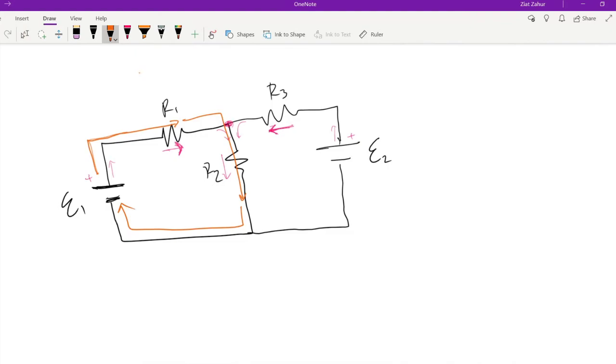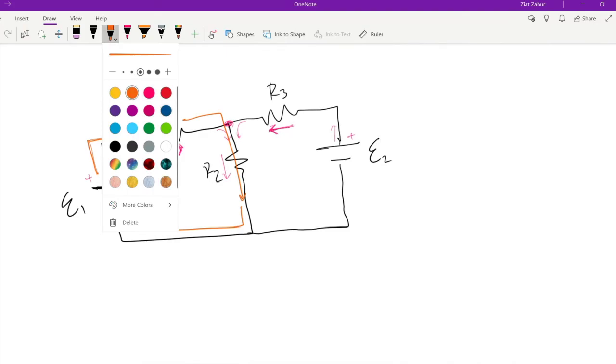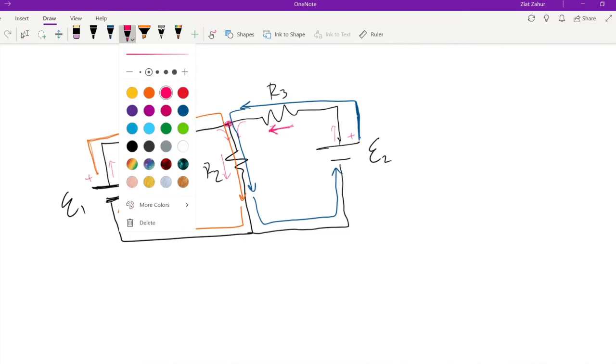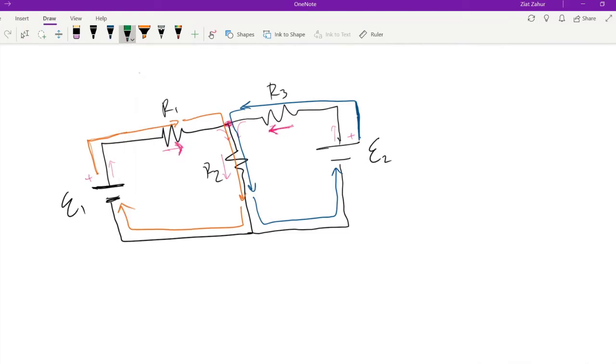That's pathway number 1. There's also another pathway. Let's go and use blue. And that is starting from E2 now instead, going through resistor 3, going through resistor 2, and then going to the bottom of E2. And I'll do a third one. You can also figure out there's a 4th one, but I'll let you figure that one out on your own.